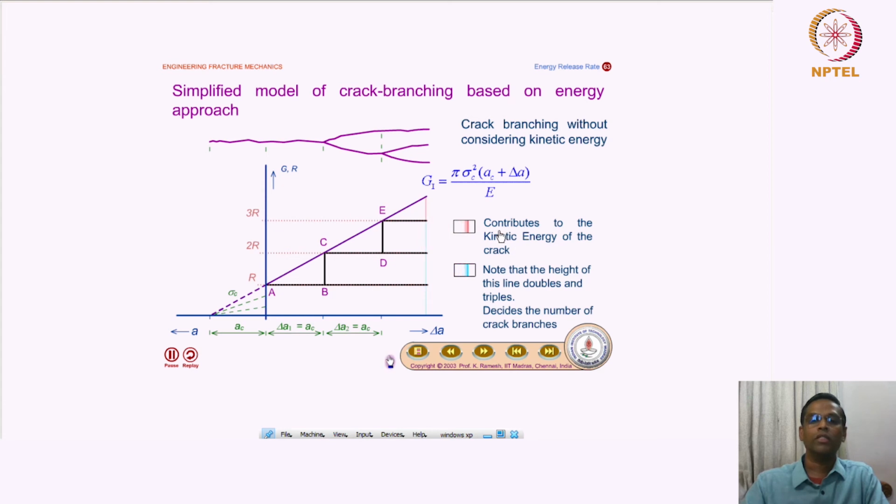This one contributes to the kinetic energy of the crack, and the blue one, the symbolism: note that the height of this line doubles and triples with the number of crack branches. So it just gives a visual idea of how it happens.